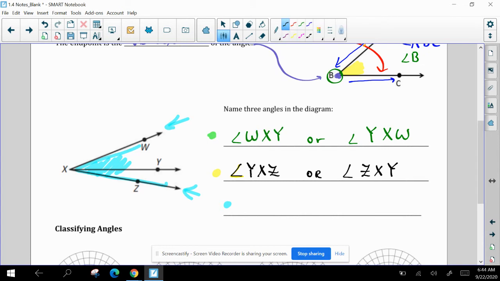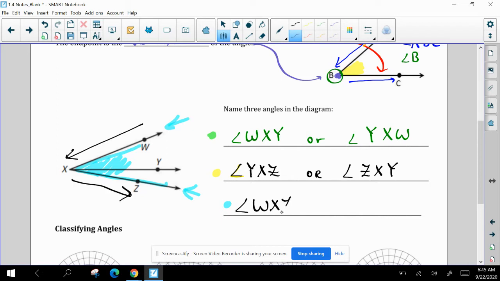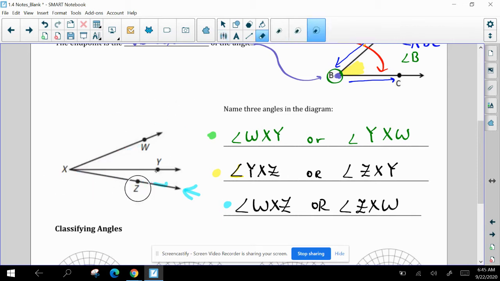So what I would do is call it angle, first I'm going to go this way, WXZ. Or I can also go in reverse and call it ZXW. So these are all the different angles that I have on my diagram.